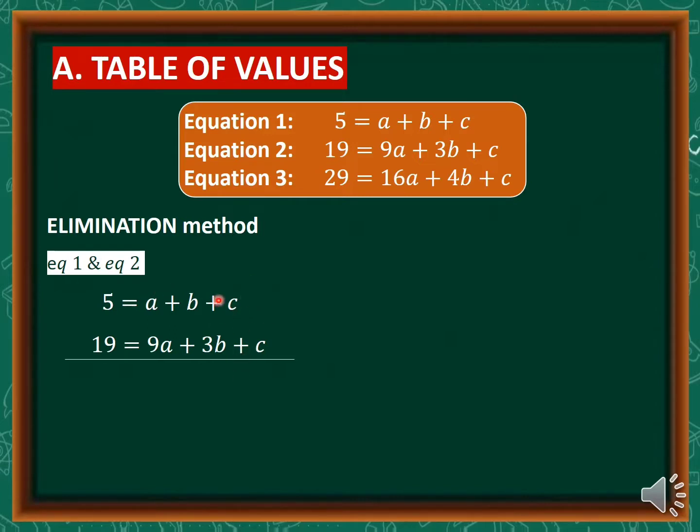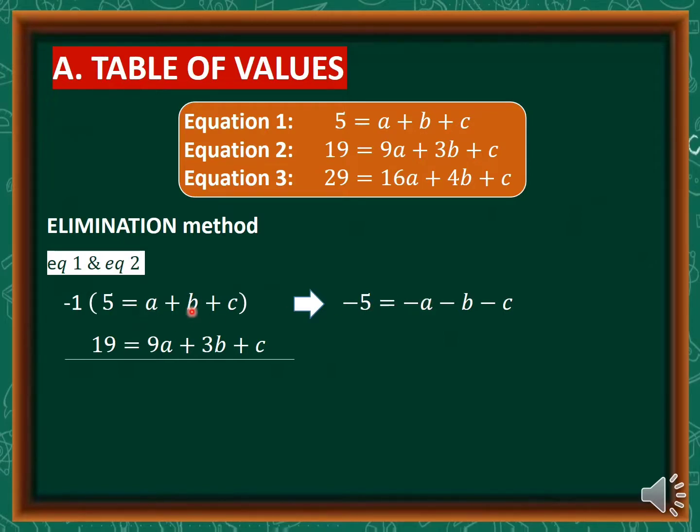Alright, and for it to be possible, para maging negative C to, kailangan i-multiply natin both sides by negative 1. So, lahat ng terms na yan ay i-multiply natin by negative 1. And multiplying it by negative 1, we will have negative 1 times 5, negative 5.